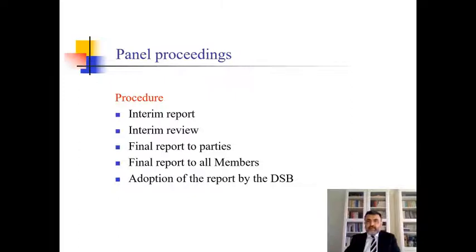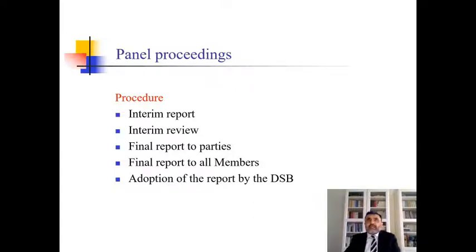They always make comments. The panel takes those comments into account and issues to the parties what is called the panel's final report. It is issued to the parties to the dispute first, and then it gets translated into the three working languages of the WTO, which are English, French, and Spanish.